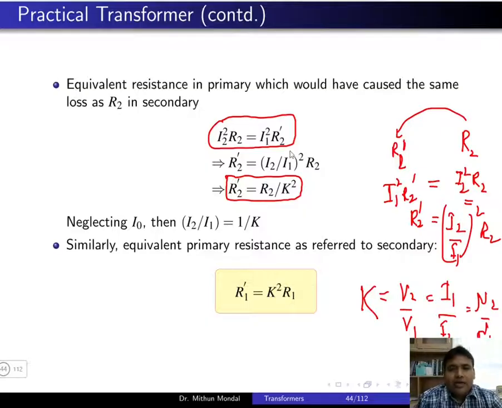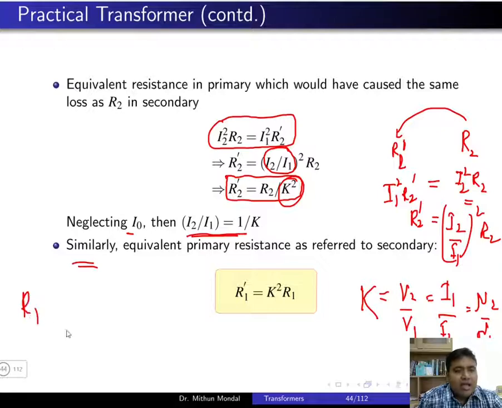So the ratio I2 by I1 can now be written as 1 by K, giving division by K square. Neglecting the no load current, I2 by I1 is equal to 1 by K. Similarly, you have a resistance R1 on the primary side, and you want to take it to the secondary side as R1 dash.